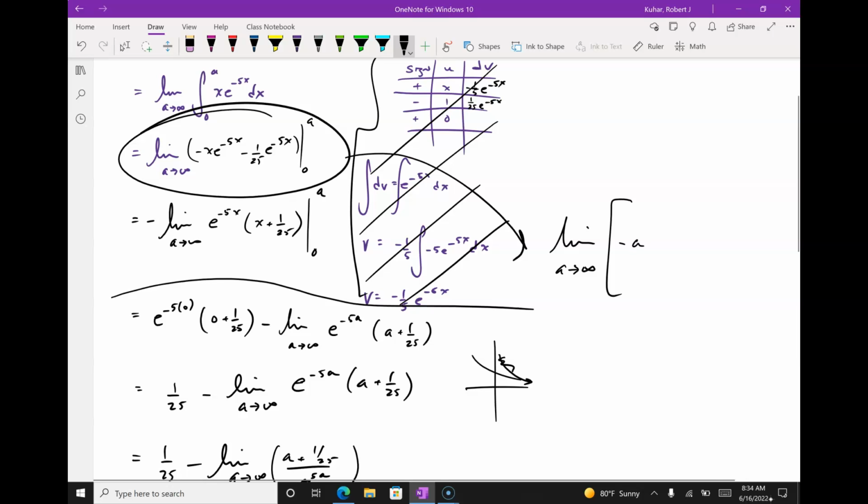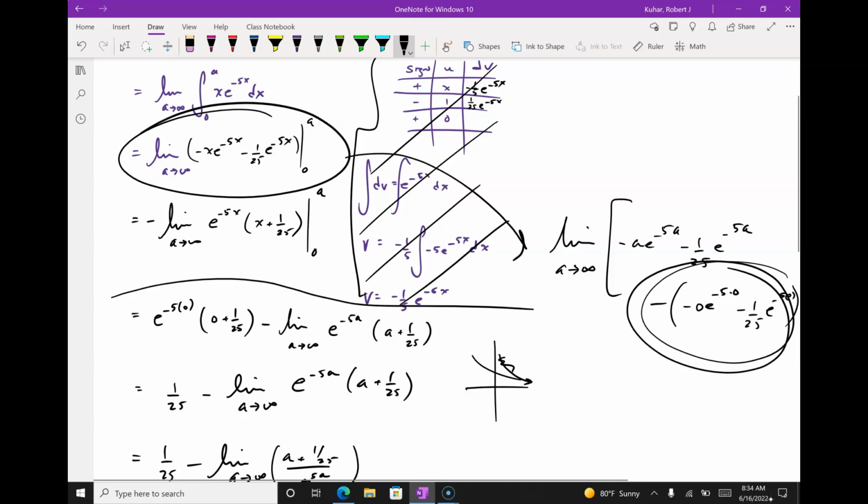I'm going to put minus a e to the minus 5a minus 1 over 25 e to the minus 5a, minus, now put in the 0, negative 0 e to the minus 5 times 0 minus 1/25 e to the minus 5 times 0. By the way, this piece doesn't need a limit, right? Because there's no a involved in it. And look at what that piece is. Well, this is gone, right? E to the 0 is 1, negative, so that's my 1/25th.